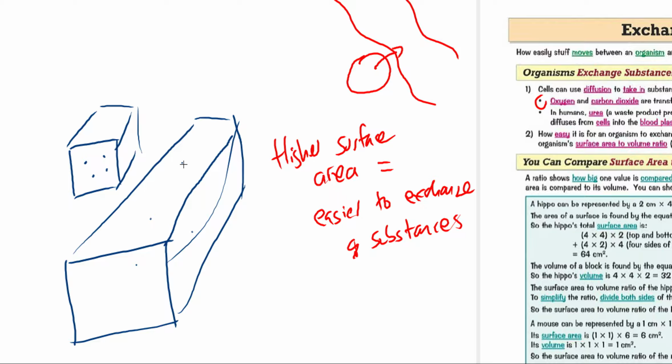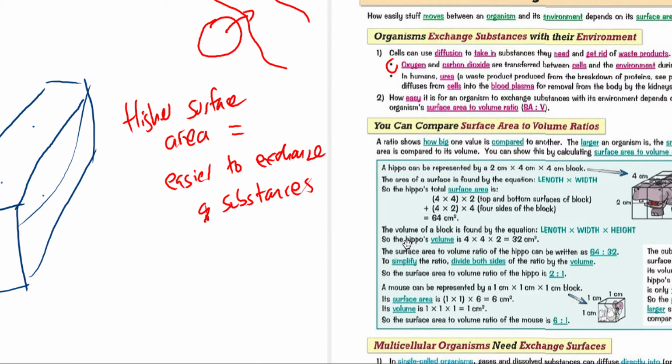However, a very small animal can retain heat better because it has a lower surface area and therefore doesn't lose as much heat. This is exactly the same idea that goes into exchanging substances. The bigger the surface area, the more likely it is for the substance to escape from the material and exchange to the surface outside. So that's a really key concept.